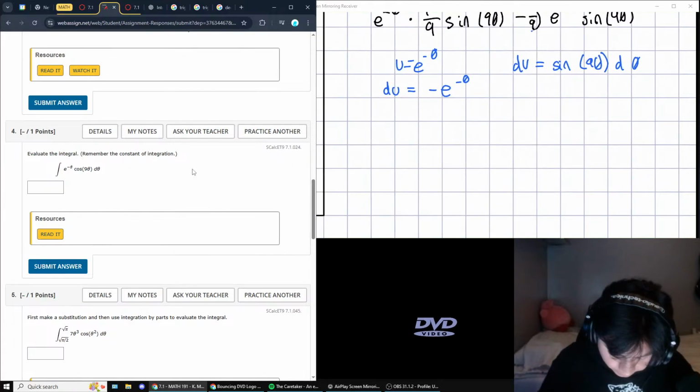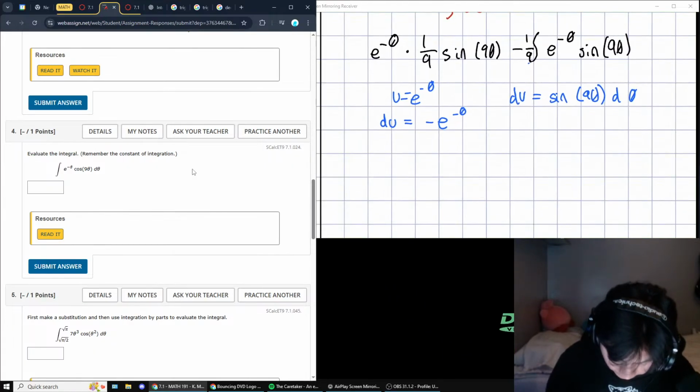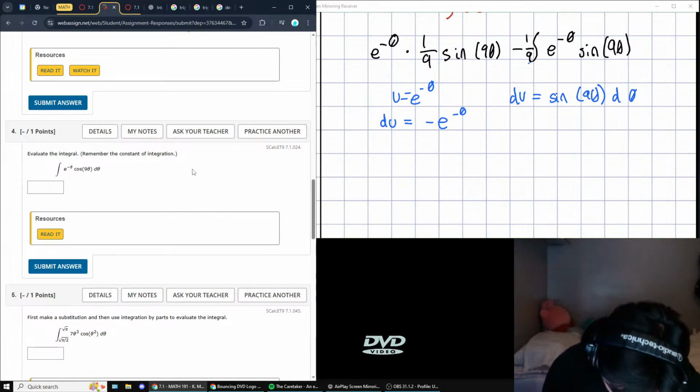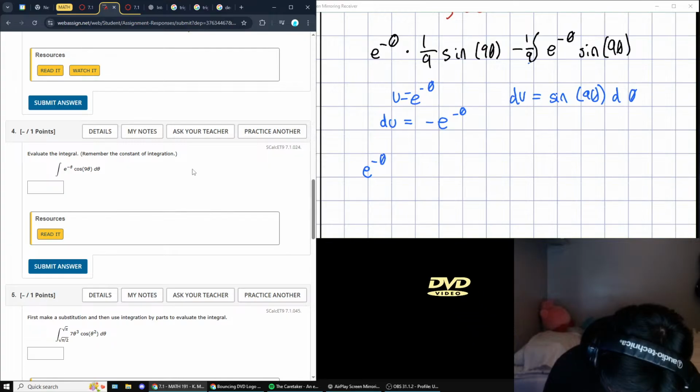I got this far, and then I set it up as I was. So you do e negative theta times sine.